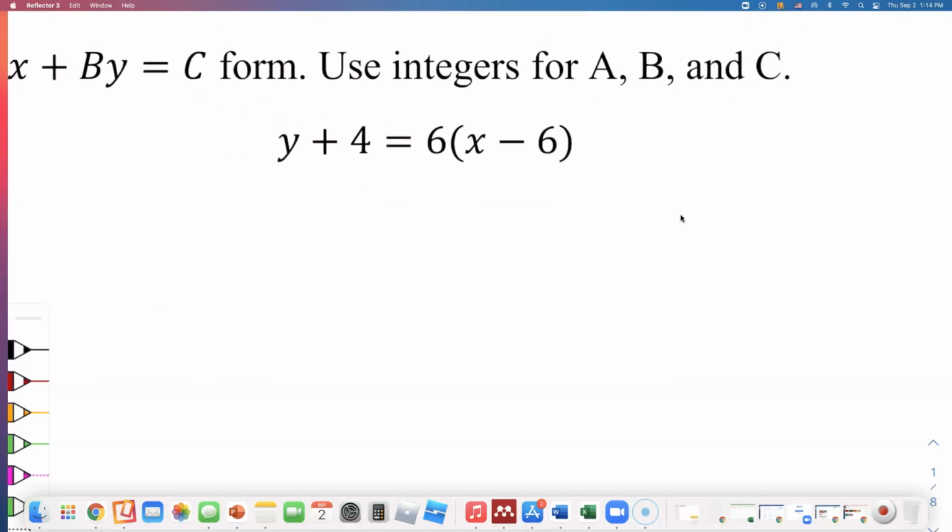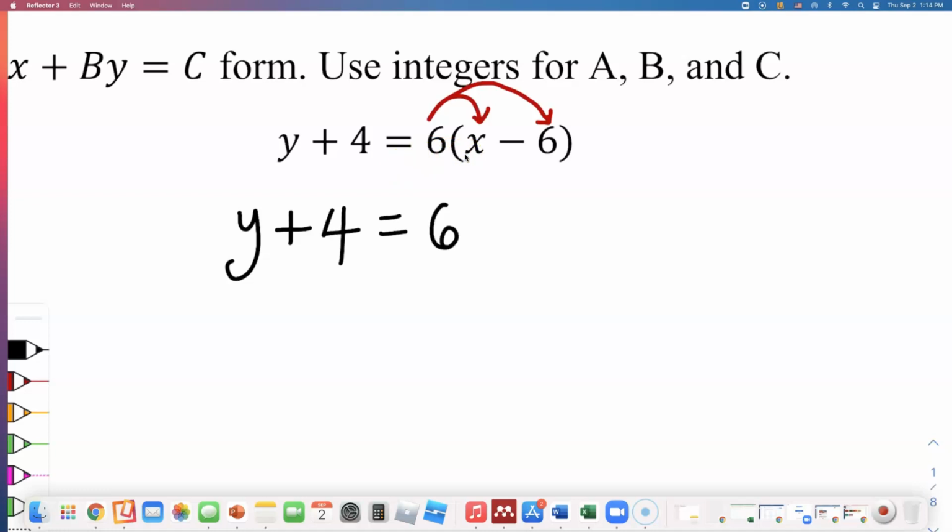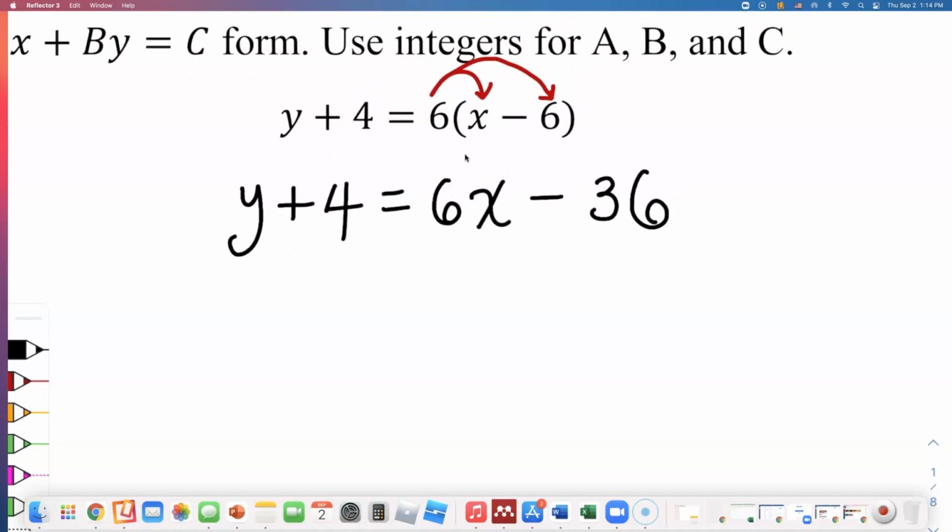First thing that I will have to do is distribute this 6, so that everything is out of the parentheses. If I do that, copy down the left side, y plus 4, distribute the right side, you will get 6x minus 36. Now look, if it has x or y, it needs to go to the left.